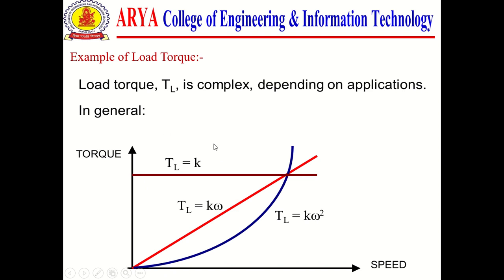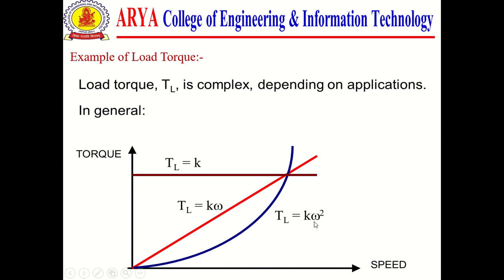This application is applicable for other types of DC drive with this load torque. This graph shows the load torque is directly proportional to speed. If we increase the speed linearly, the load torque increases. And in the third type of graph, this type of load changes hyperbolically.